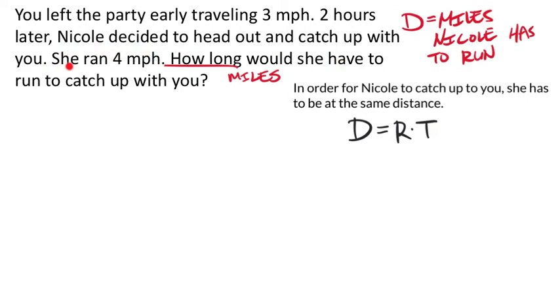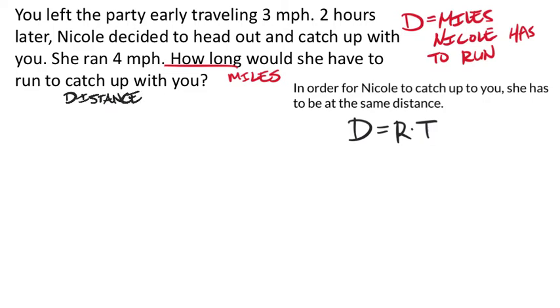We don't know exactly the times, but we can use t as a variable here. So it looks like we may need both variables. We're gonna have to find out how much time it takes her, and then that will help us to figure out how many miles she's going to have to run. So in order for Nicole to catch up to you, she's gonna have to run the same distance. So again, I'm gonna start with distance formulas on these, okay?